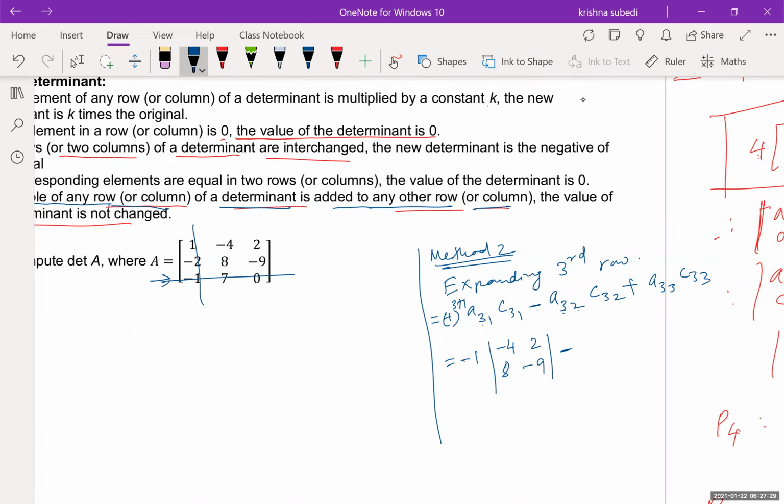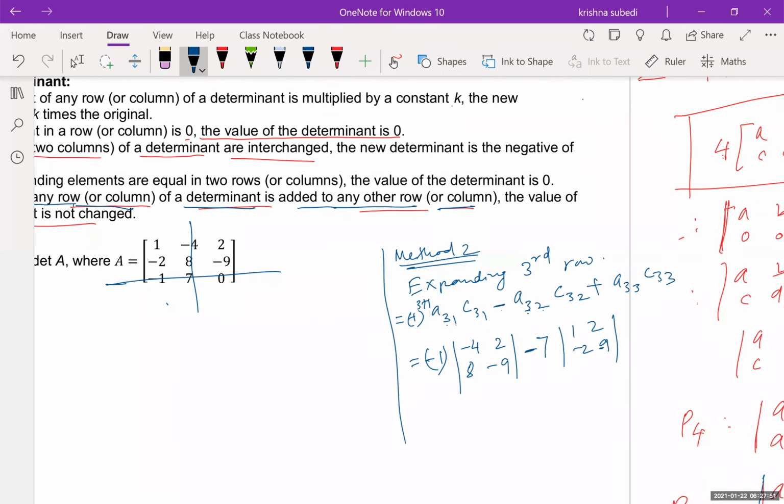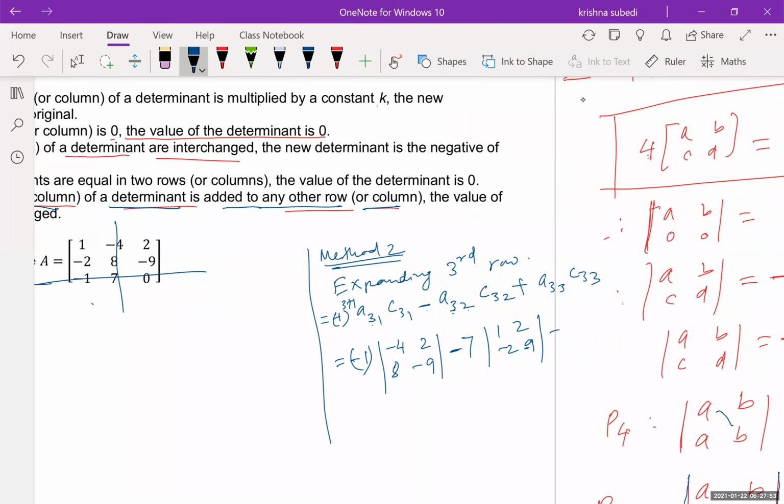So this one will be positive, but there is -1. Let me just write -1, and this will be negative A32, which is 7. And 32 means the third row and second column are gone, so remaining is 1, 2, and -2, -9, and plus A33, which is 0, so I don't have to write that.